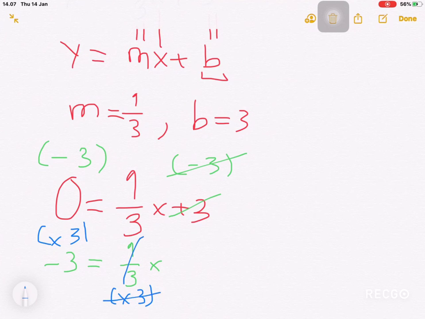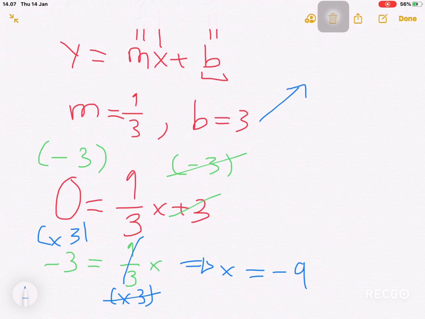So this and this will cancel, leaving us with the x-coordinate of our x-intercept being at negative 9. And if you want to write this in coordinate form, we can write this b equals 3.